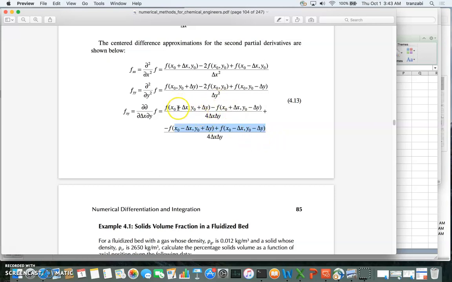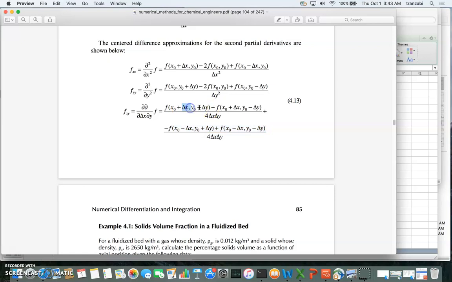So this is xi plus 1, yi plus 1. This is xi plus 1, yi minus 1. And then xi minus 1, yi plus 1. And then xi minus 1, yi minus 1, right? So, be careful about the sign. Whenever we have the sign difference between delta x and delta y, we get a negative sign.